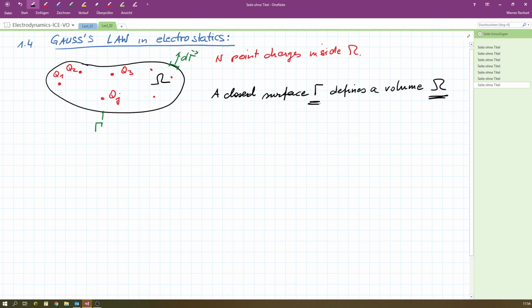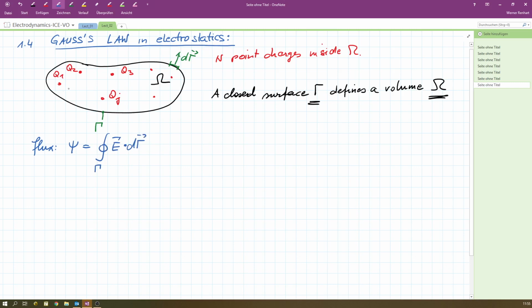So we can now look for the flux. It is given by psi equals the closed surface integral over gamma of the electric field E dot d gamma.